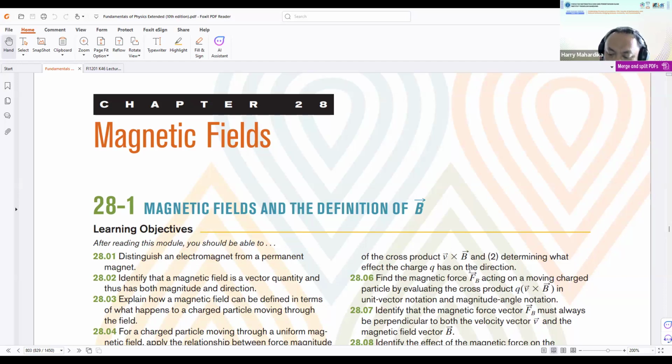So the first part of our discussion on magnetic fields is to learn about the effect of magnetic fields on charged particles, and also on current that flows through a wire. And then in the following week, we learn about how the magnetic field itself is generated inside of a current-carrying wire.